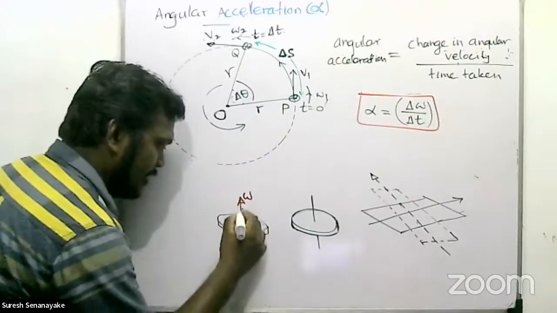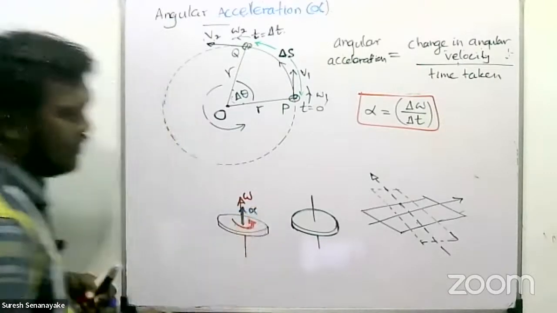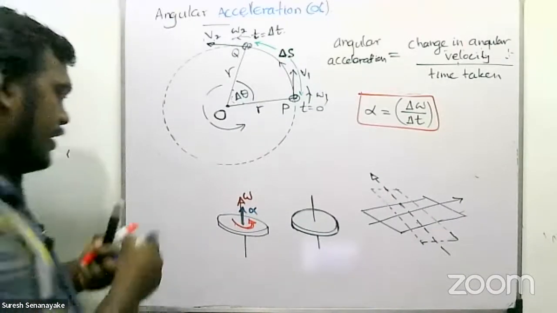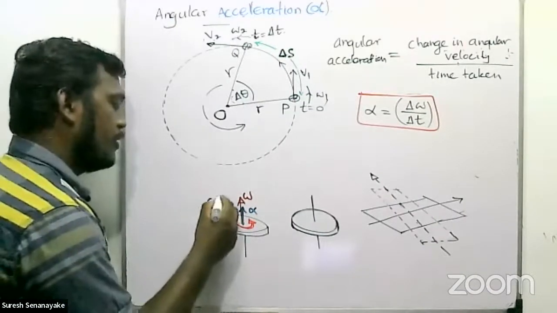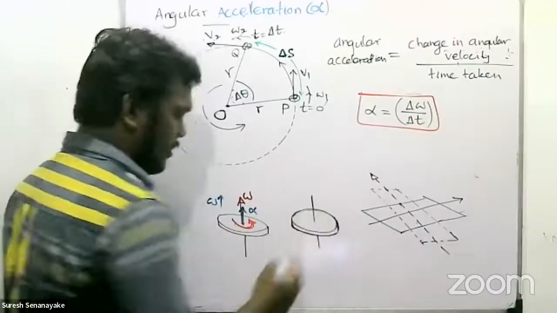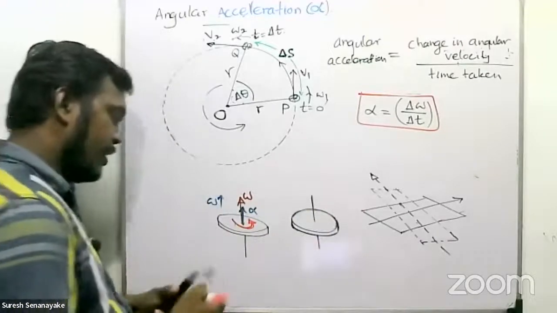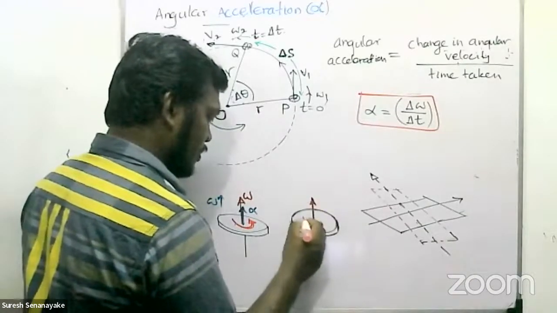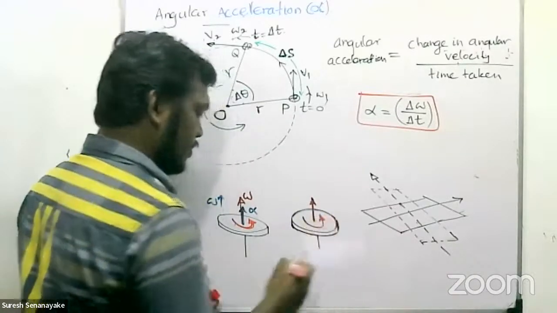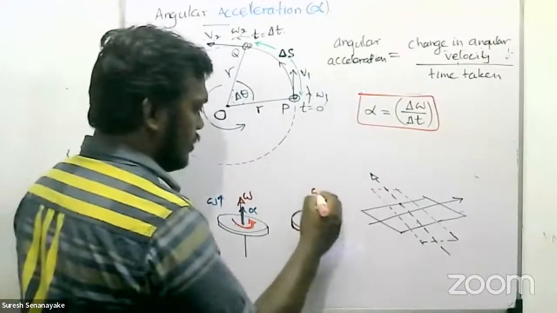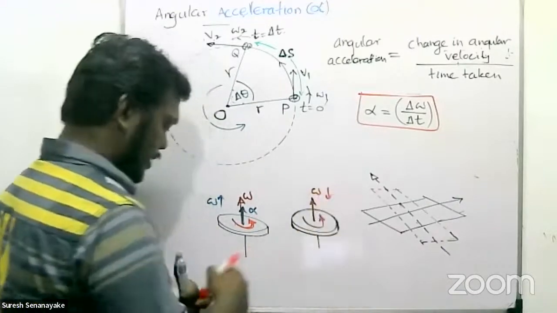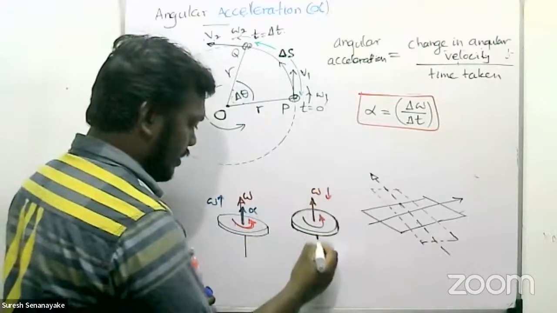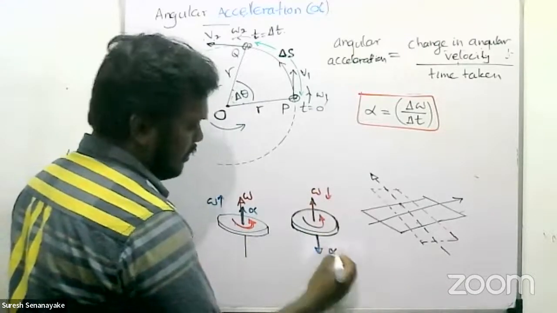Both in the same direction if omega increases. And in the case here, I'll consider omega decreases. Rotating to this side, but the omega decreases. Then the angular acceleration is opposite to the direction of the angular velocity.